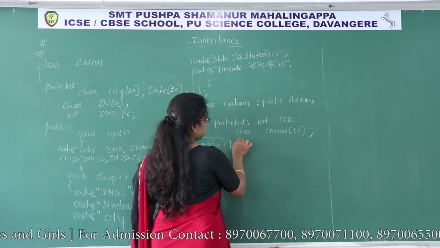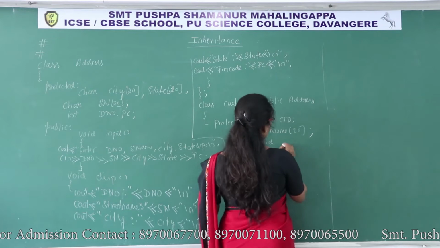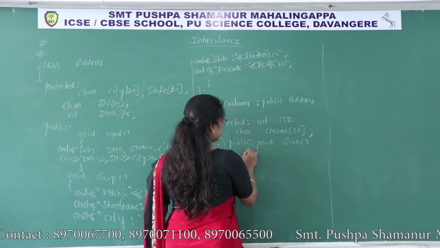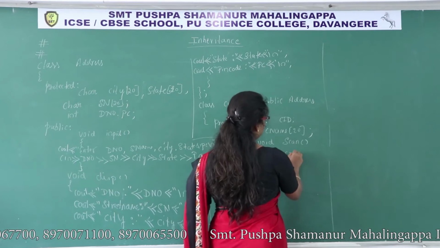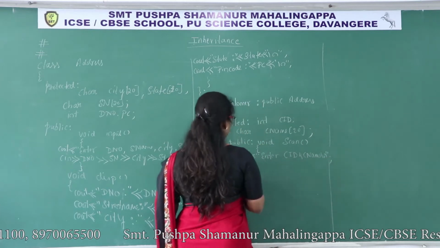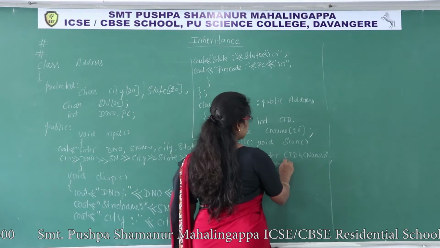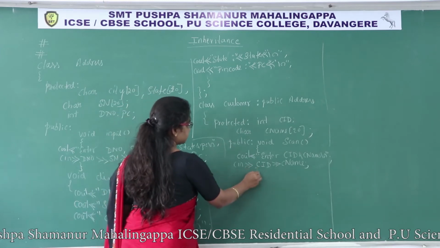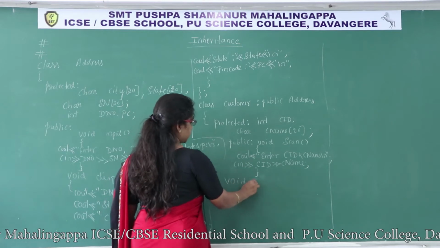In the public section, void, I'll take void scan as the name of the function. Cout enter customer ID and customer name, cin extraction cid extraction cname. Now I'll display customer details, void display.